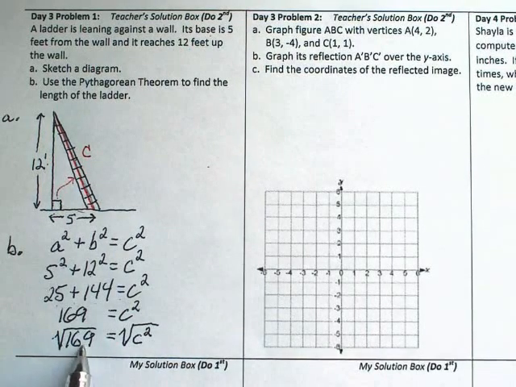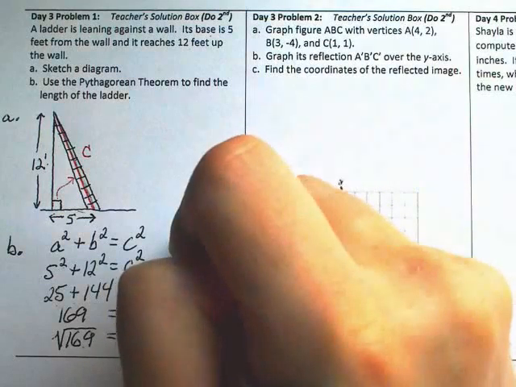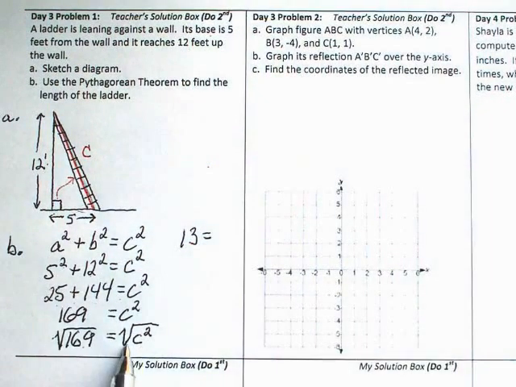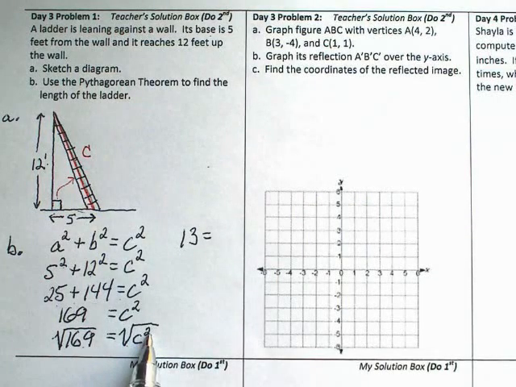Now the square root of 169, that is what number multiplied by itself is 169? That is 13. 13 times 13 is 169. So 13 is equal to, and the square root of c squared, what number multiplied by itself makes c squared?